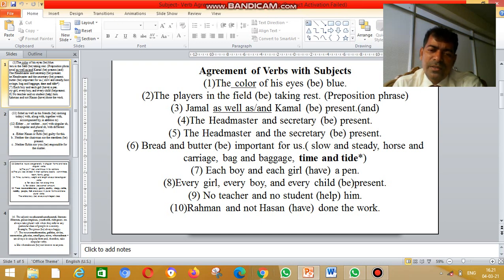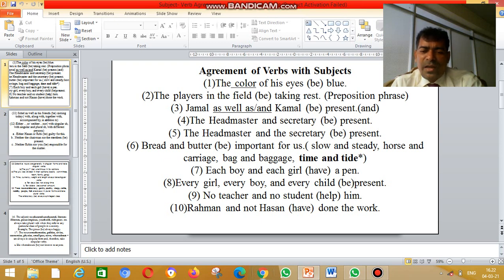But here I have joined these subjects with the conjunction and, no matter. For the word every, you can easily use the singular form of the verb within the bracket. So this should be: every girl, every boy and every child is present. Remember, please.